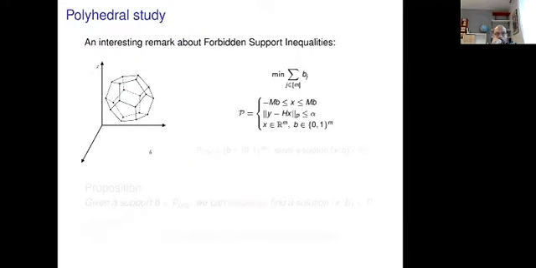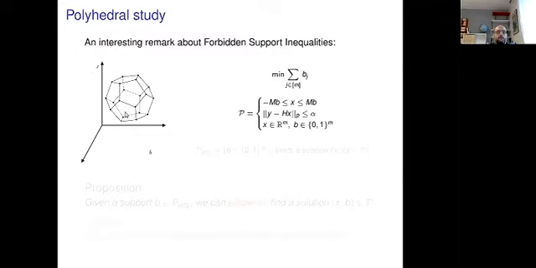So now let me tell you, we keep on going with these families of valid inequalities, and we found a really interesting thing, which is related to the following. We have our original formulation. Assume this is a really bad sketch of the feasible solutions.